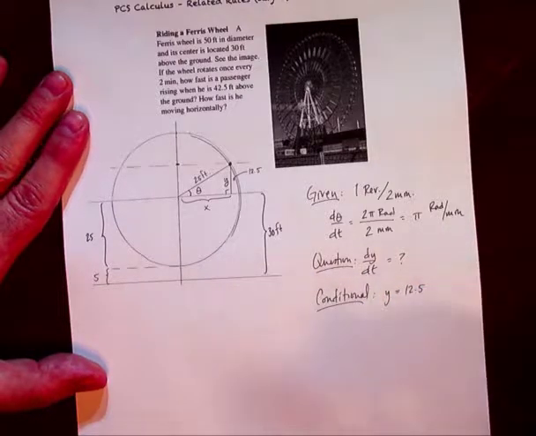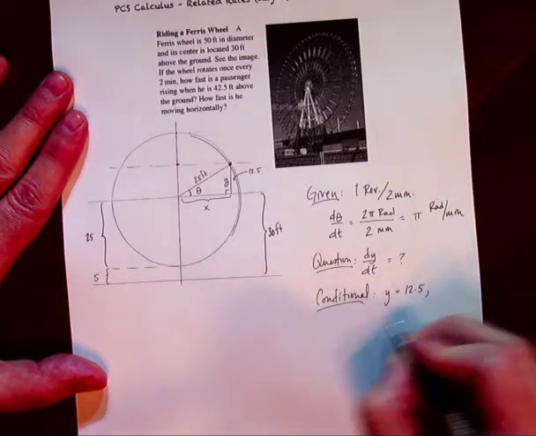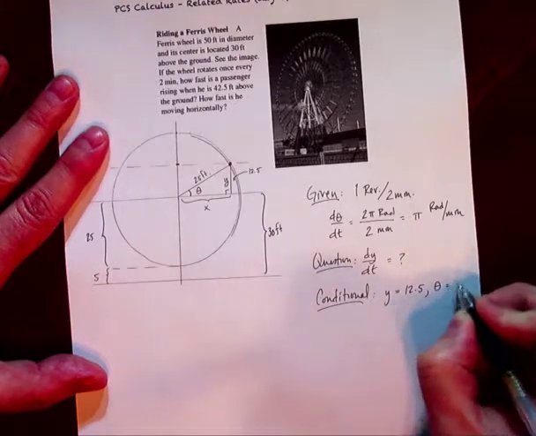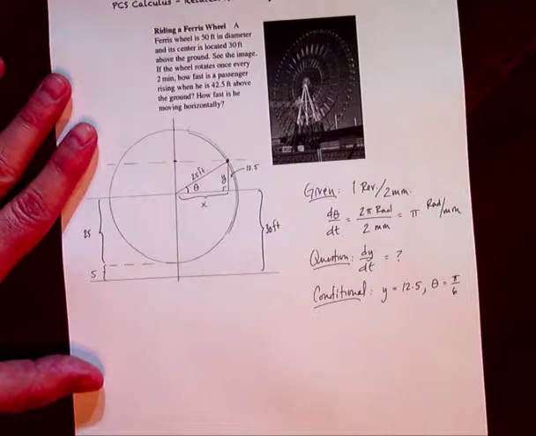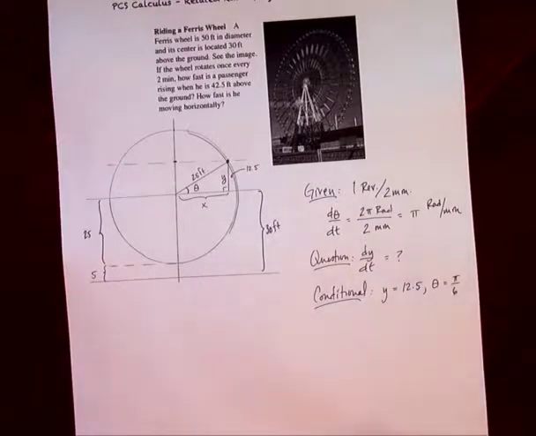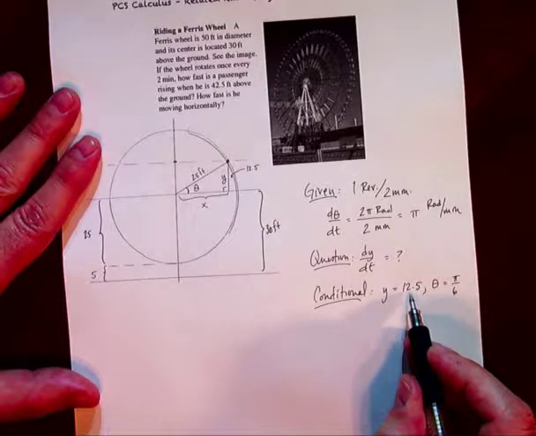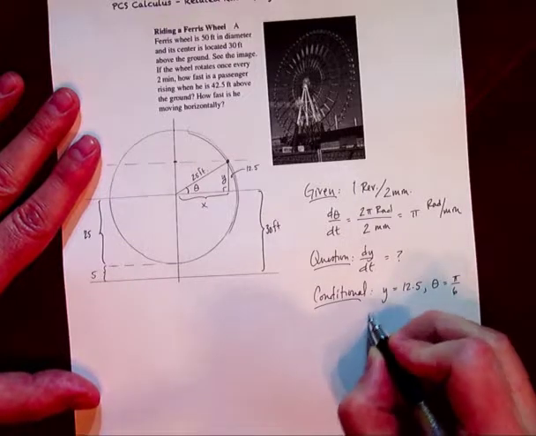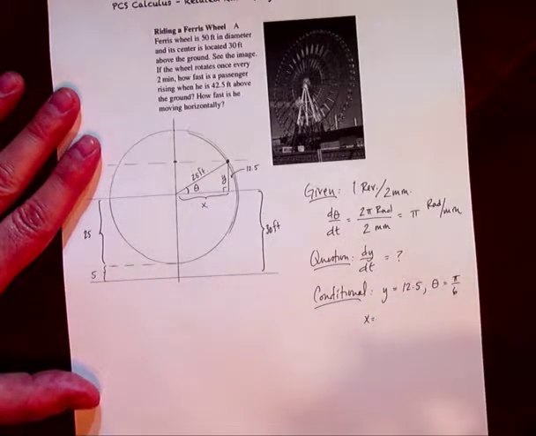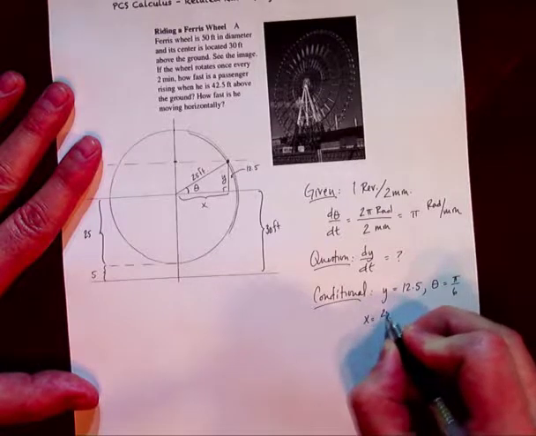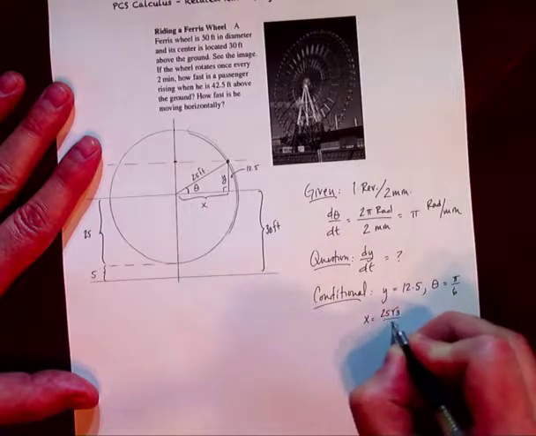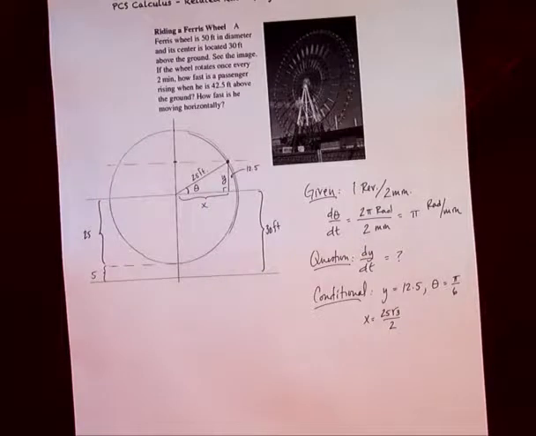Well, when y is equal to 12.5, the implied conditional is that theta is pi over 6. And we could find our x value. The x value, of course, would be 25 times root 3 over 2, or 12.5 times root 3.